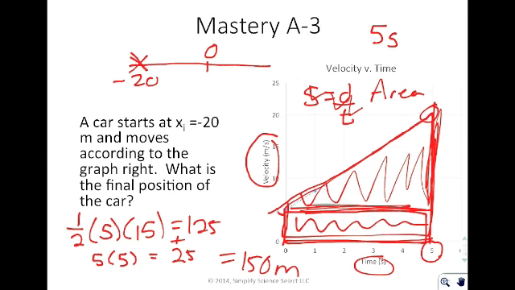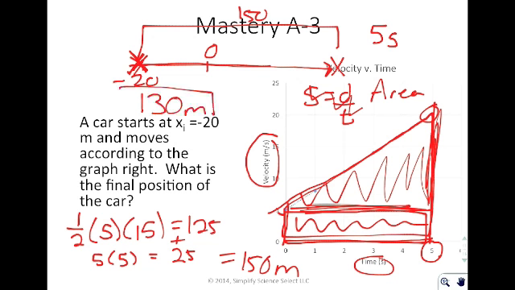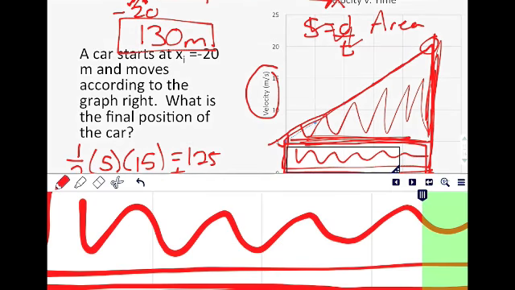Well, if the car starts at -20 and moves 150, it doesn't end up at 150 because it moved 150 from -20. So if you had 150 and it started at -20, this would represent that it traveled 130 meters. This is a very, very, very difficult example of how to use a velocity versus time graph. But all you have to do is find the area like we talked about and then add it up.